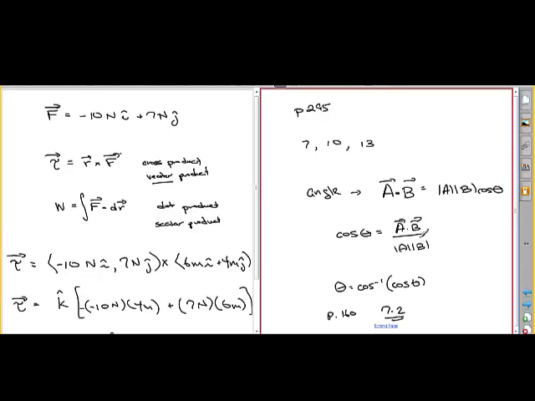They don't have it actually solved for the cosine of theta, but you can find the cosine by using this result. So the two vectors are going to be the r vector and the force vector. You can find the magnitude by taking the square of the components and adding them together. So that's how you find the magnitude of the vectors. And then the dot product, you have to go back and study that. So I'll let you figure that one out.